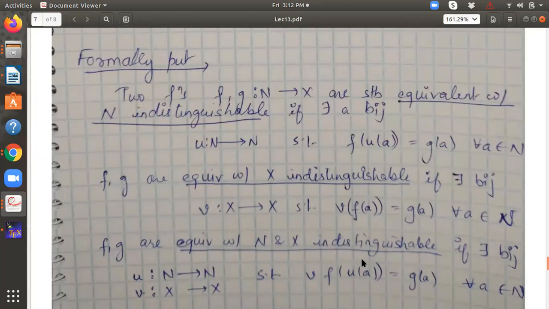So you have swapped the balls, and then f of that element is going to land you in a box, and g of a is already a box. So now these two boxes are swapped through this involution v on x. If they happen to be the same, then you consider f and g to be equivalent.